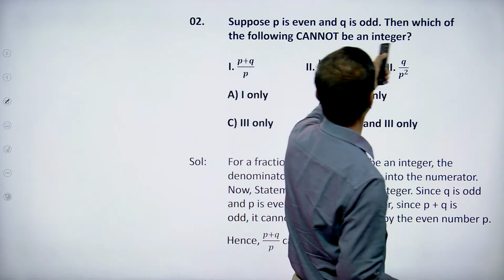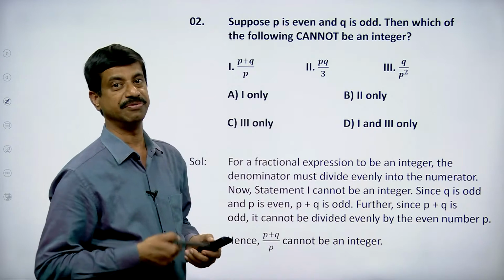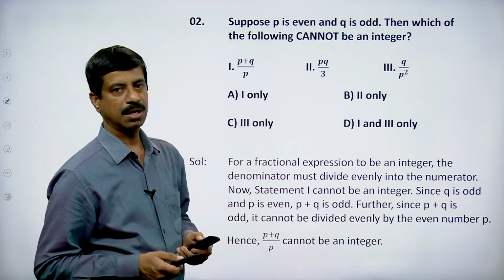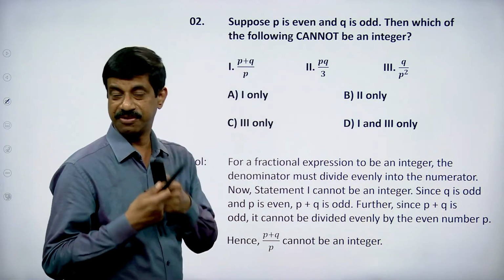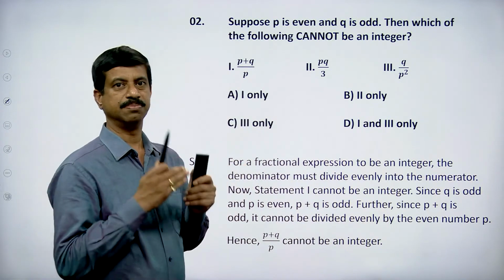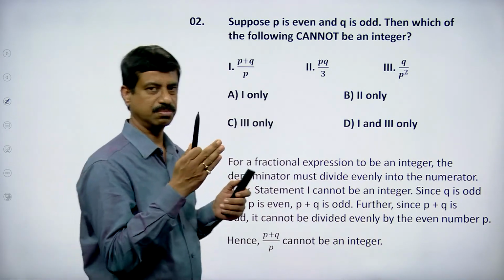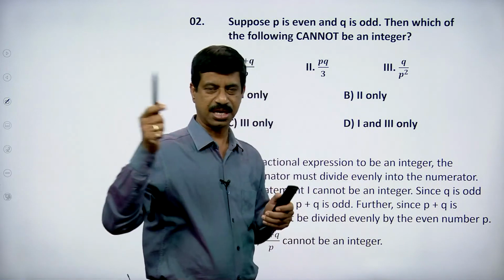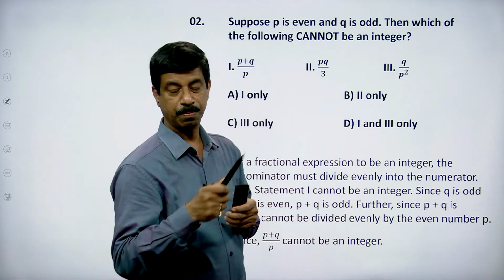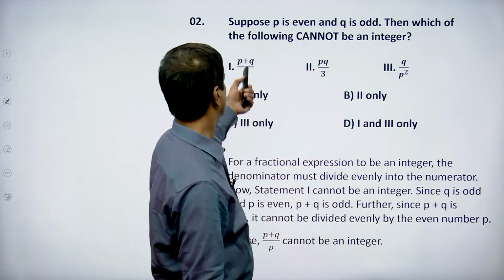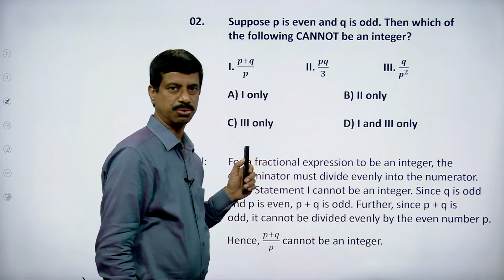Which of the following cannot be an integer? Means compulsorily which cannot be an integer. There are three cases: 100% yes, 100% no, maybe, possible. So, the first one is 100% ruled out.